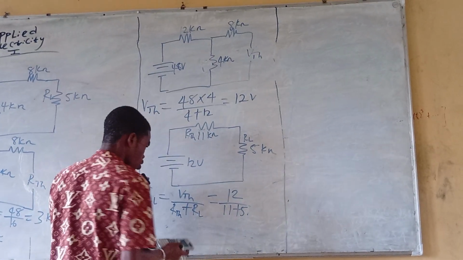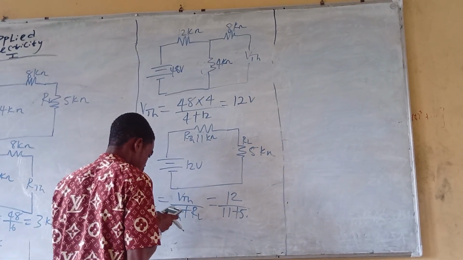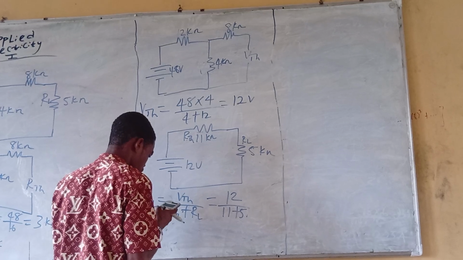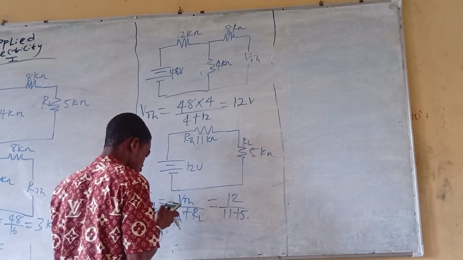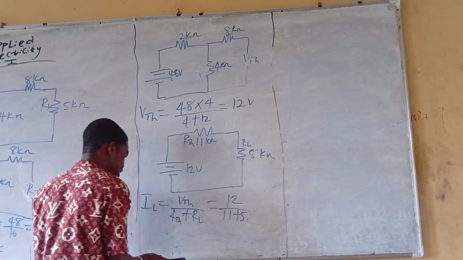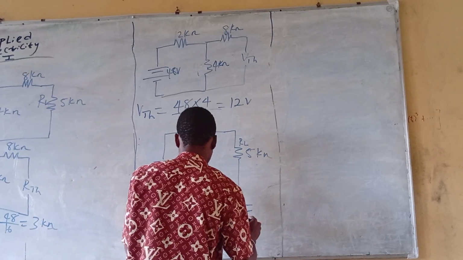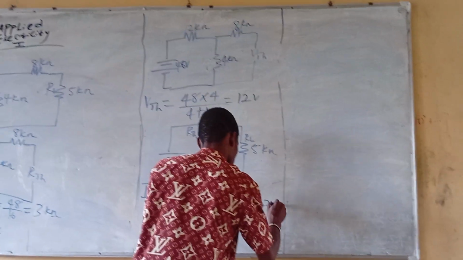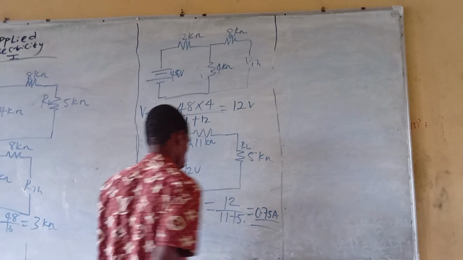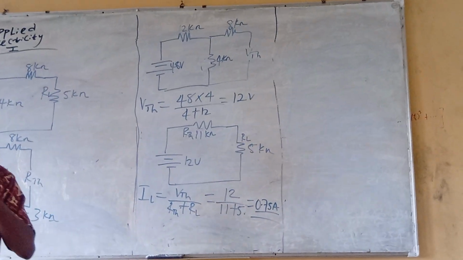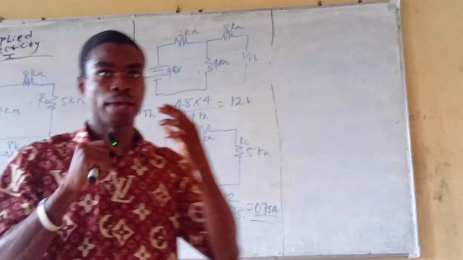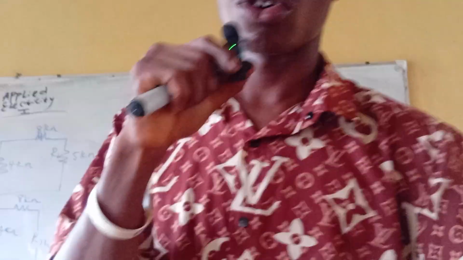So 12 divided by 11 plus 5. So this is going to give us 0.75 ampere.